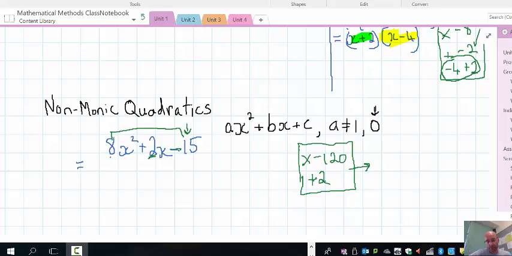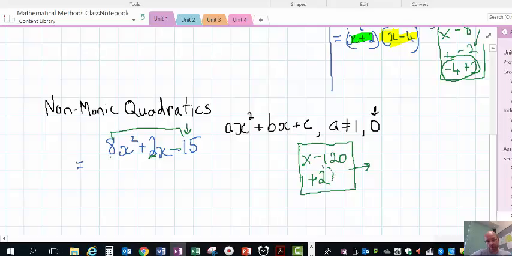Now, a couple of tips for those who want to know some finer points to give your work some finesse and to make life a bit easier. When you look at what the two numbers have to add to, you know they're going to be pretty close together because they add together to be 2. One's going to be negative and one's going to be positive because when they multiply together they give negative 120.